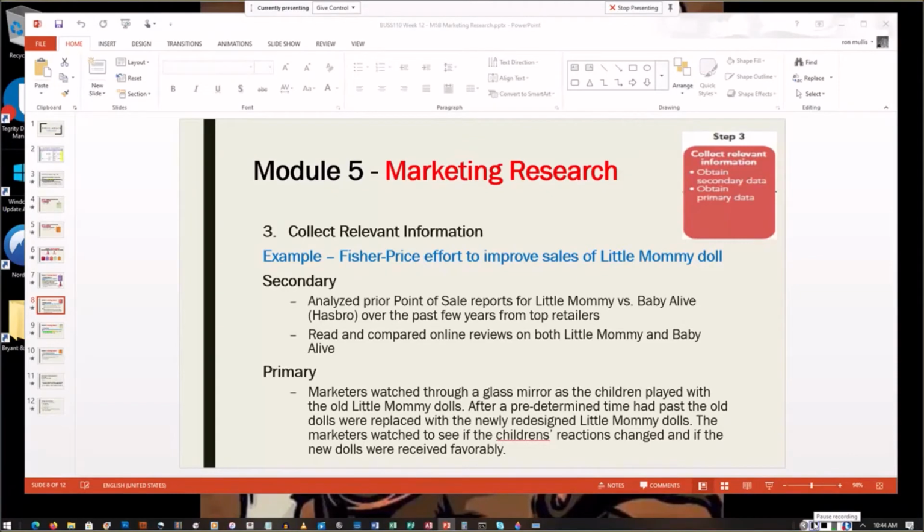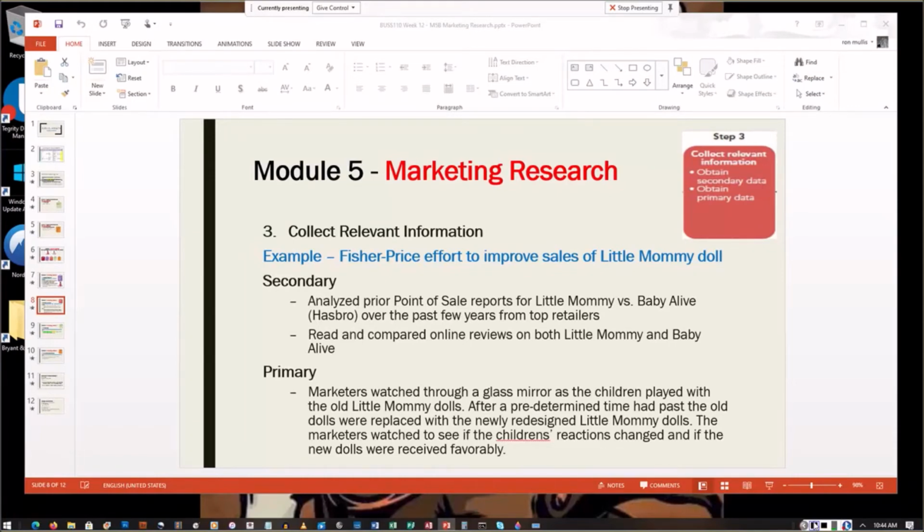So the third step was to collect the relevant information. The marketing team began with collecting the secondary information on both Fisher Price's doll as well as Hasbro's doll. How they did it was they analyzed prior point of sales or POS reports for Fisher Price doll over the past few years from the top resellers like Toys R Us, Walmart, and Target.